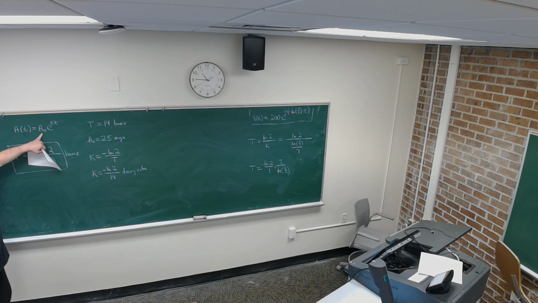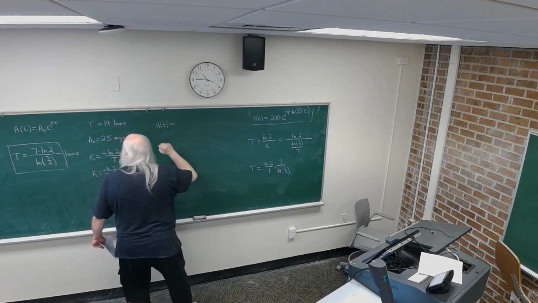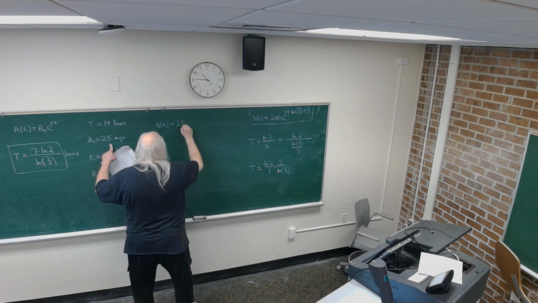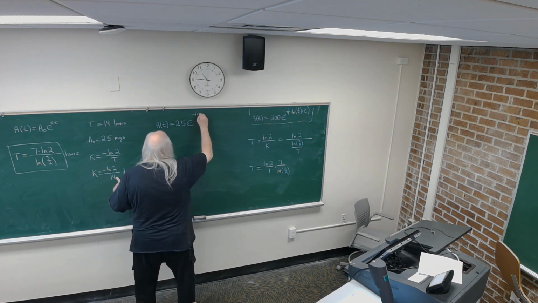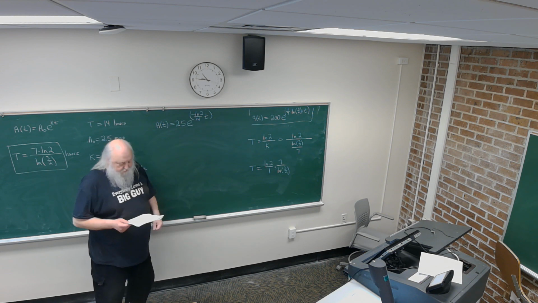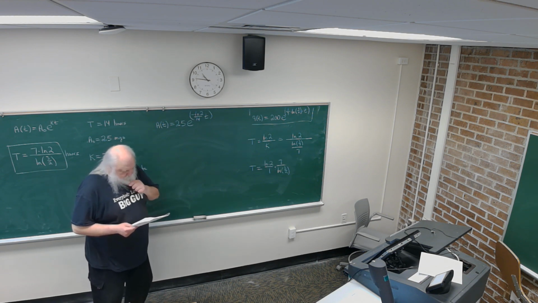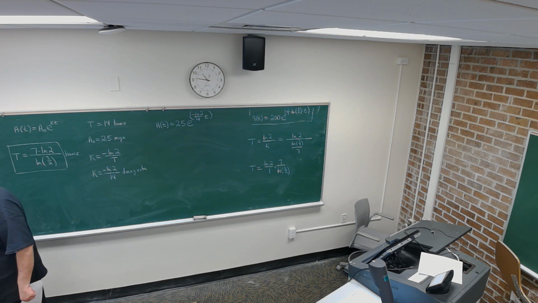So plugging into our model for A sub 0 and K, we have the amount of the substance at time T is equal to the initial amount, 2.5 times E raised to the KT power, and K is minus the natural log of 2 over 14, multiplied by T. So this is the exponent on the number E, minus log 2 over 14 times T. How much of the 2.5 milligram tablet is present in a patient's body 2 hours after the dosage is taken?